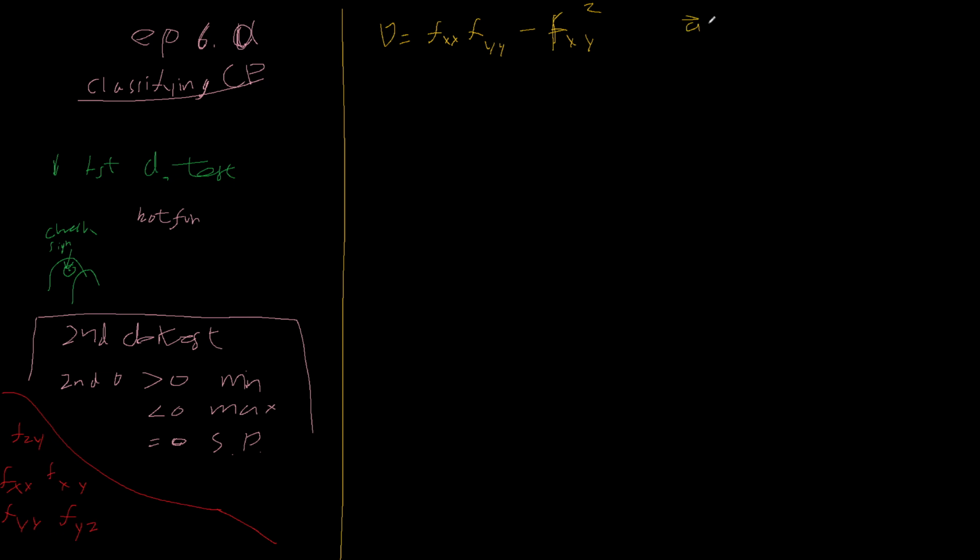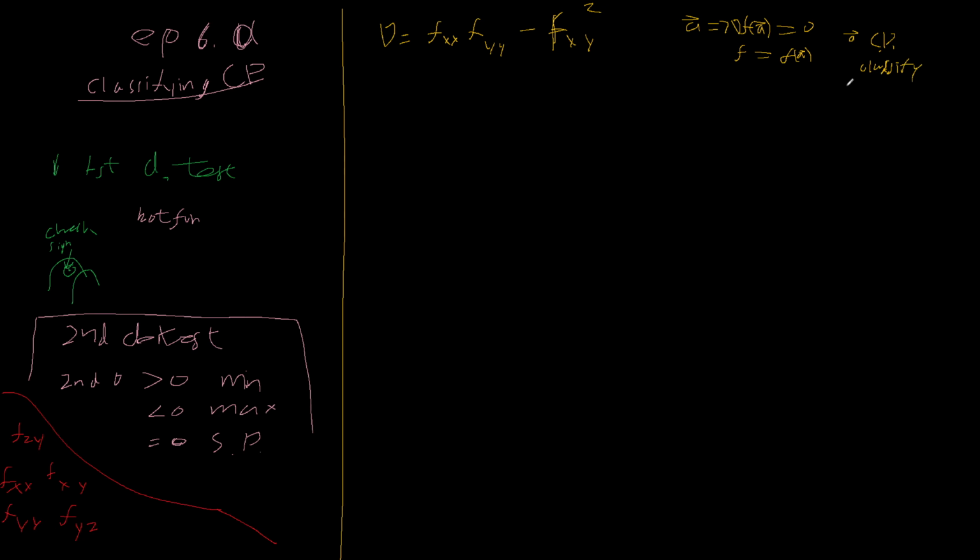Suppose A is a critical point, so the gradient of f at A equals 0. This is notation: I'm going to drop the A. We have A as a critical point and we want to classify it.